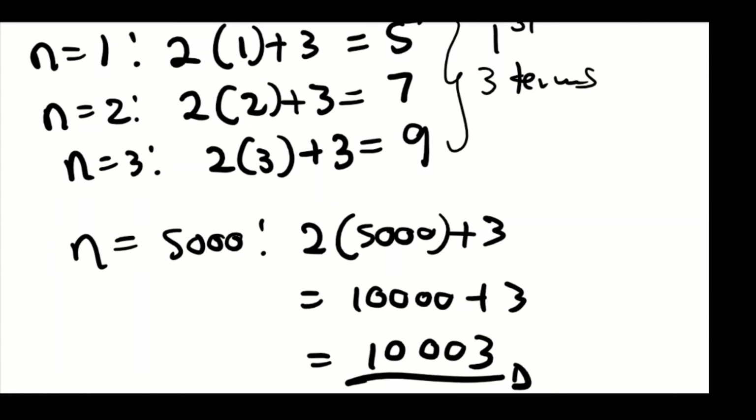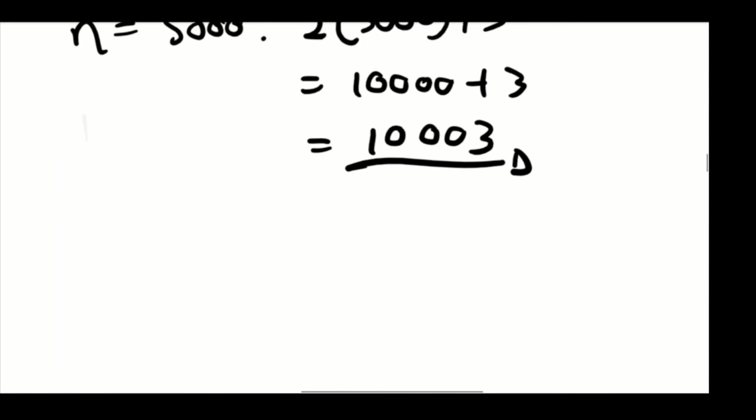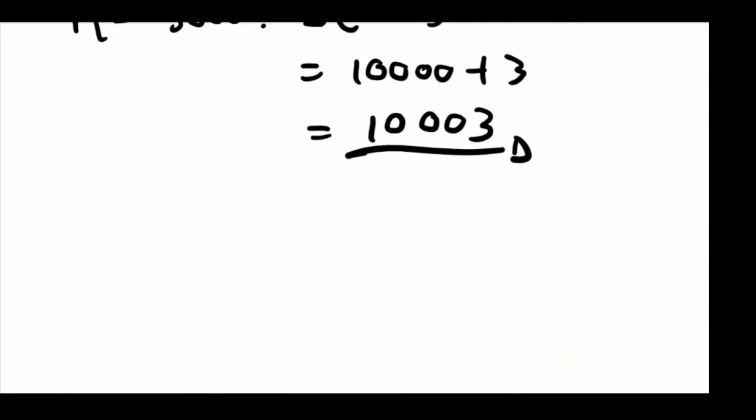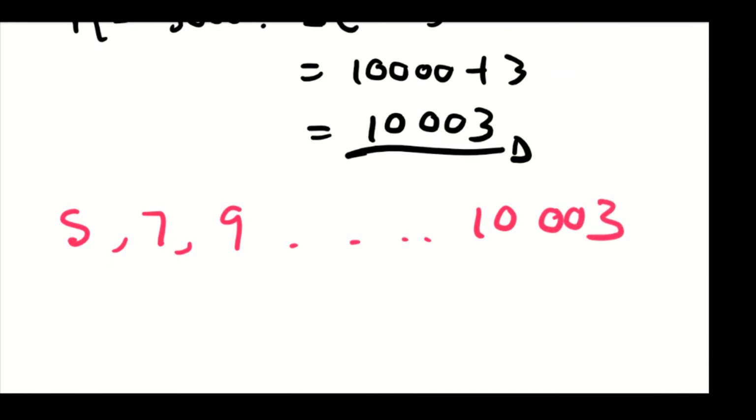So this would be the answer. The first 3 terms and the last term are 5, 7, 9, and the last term being 10,003. That is the answer for this question here.